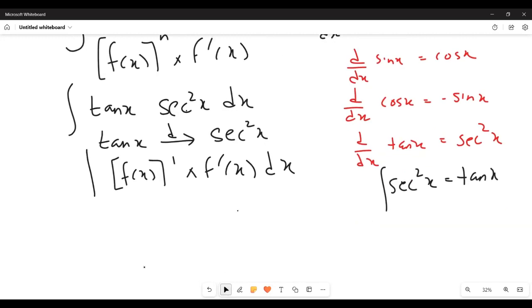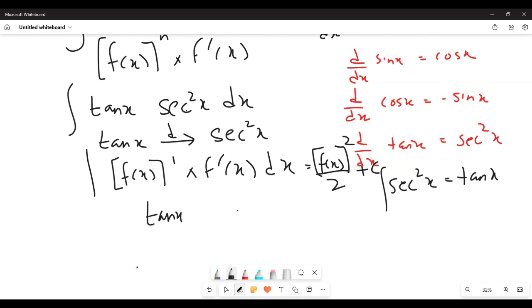So now we will use f(x) power 2 upon 2 plus c. So it's going to be tan square x upon 2 plus c.